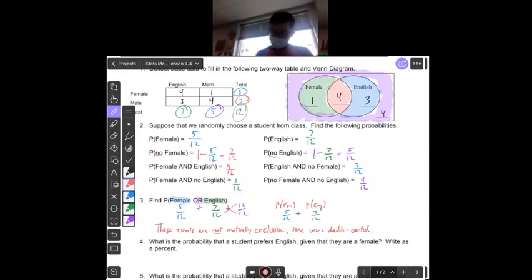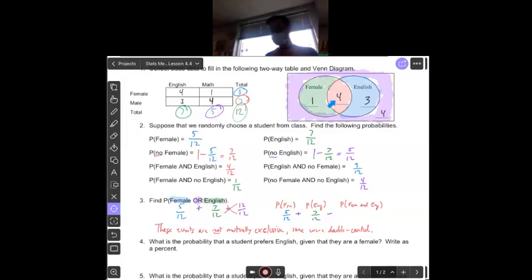But then we subtract, so Aiden said we need to take out those people who are double counted. So the probability of being female and preferring English. And again, that's that piece that's in the middle there. There's 4 people that were female and preferred English, so they got double counted.